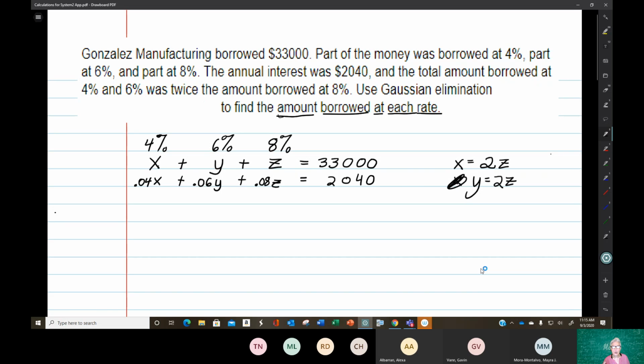It doesn't say the total amounts borrowed at 4% and 6% were twice the amount. It says the total amount borrowed at 4 and 6% was twice the amount borrowed at 8%.